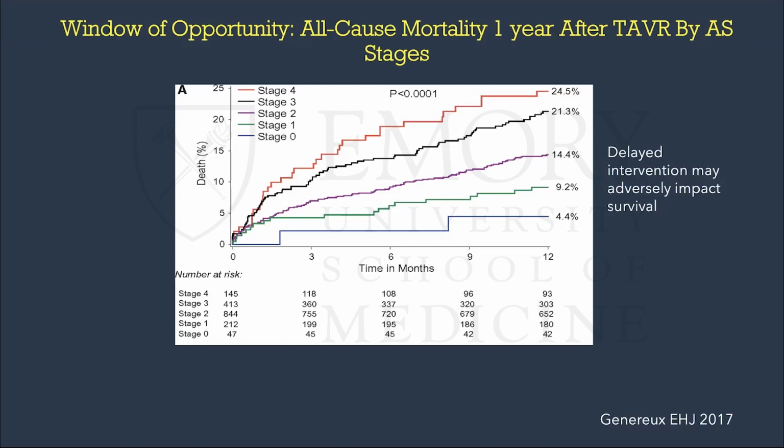As we see, the difference is very significant: from stage 1, with 9% overall mortality rate at 1 year after valve intervention, it goes all the way up to 25% risk of all-cause mortality. And the risk of heart failure hospitalization and other complications all trend in the same way. They are all significantly higher in this stage 4 group.